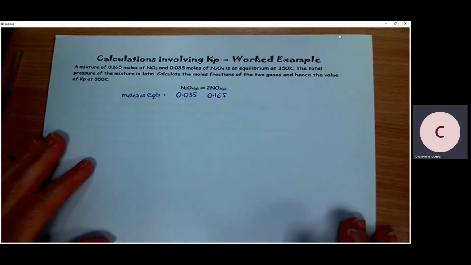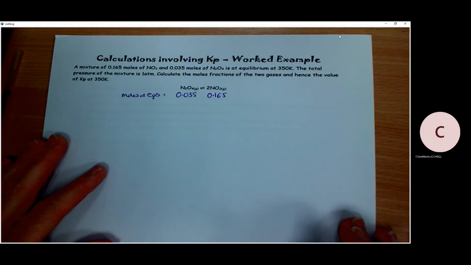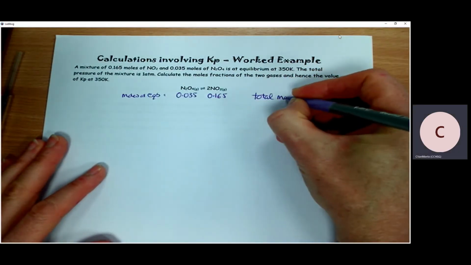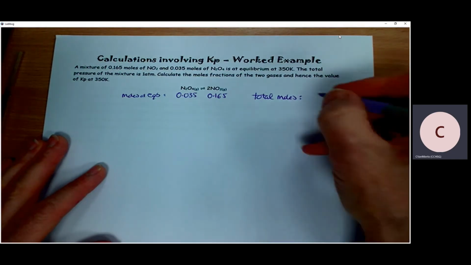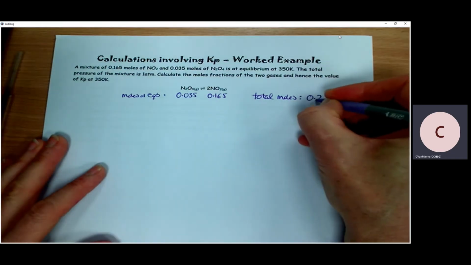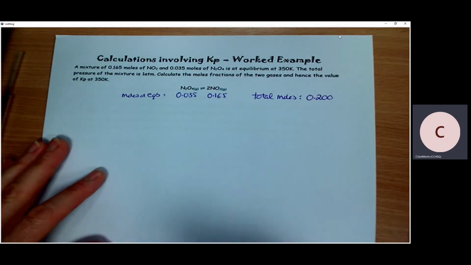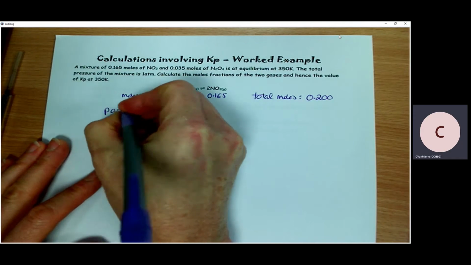Okay, now because we're going to need to work out the mole fraction, what other number do we need here? Yeah, so we need the total number of moles. So probably if you get in the habit of putting that to the right hand side as well, then you've got that ready. So that's going to be 0.200 there. Okay, I'd always write equations to show what you're doing.